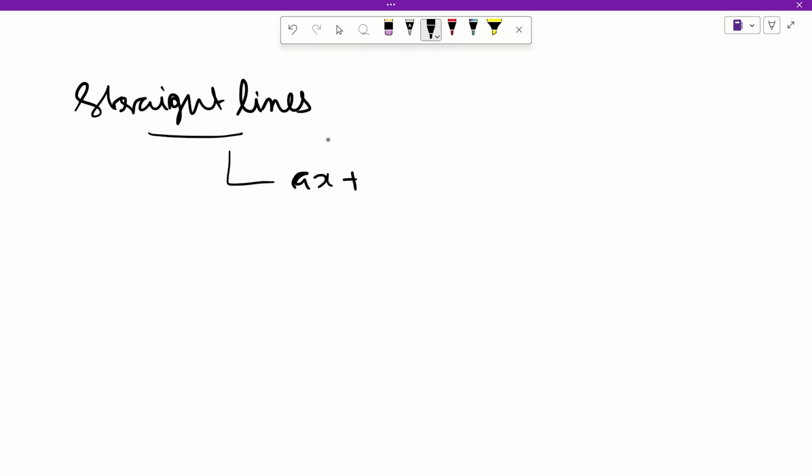So firstly, how is the equation of a straight line represented? It is represented in the form of ax plus by plus c equal to 0.